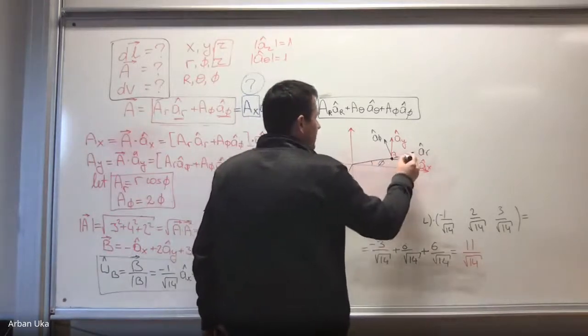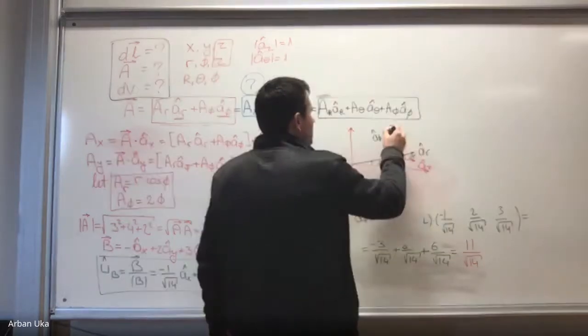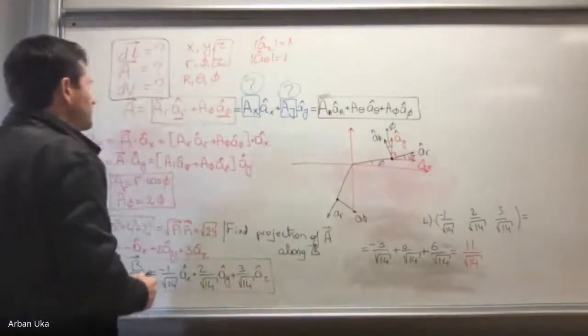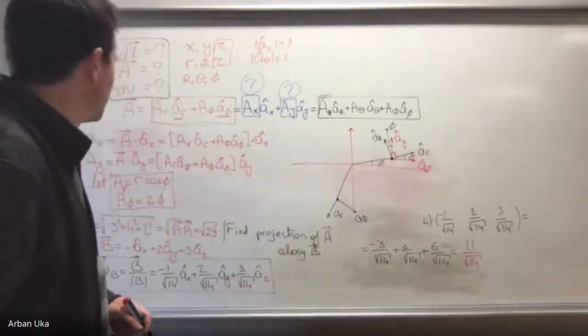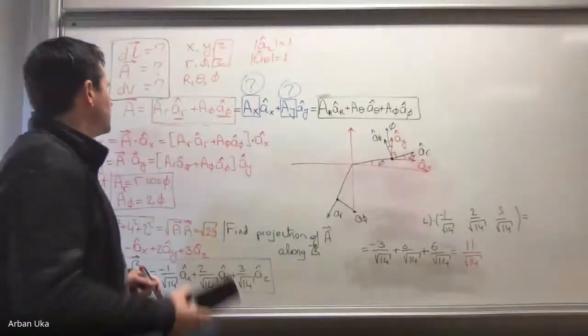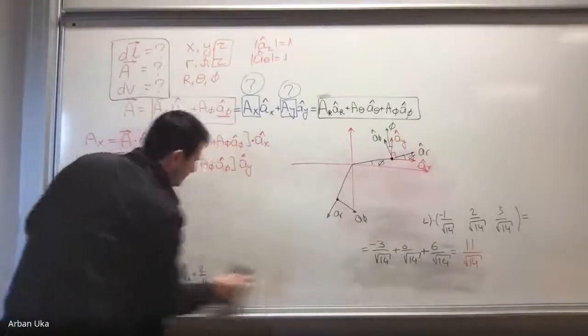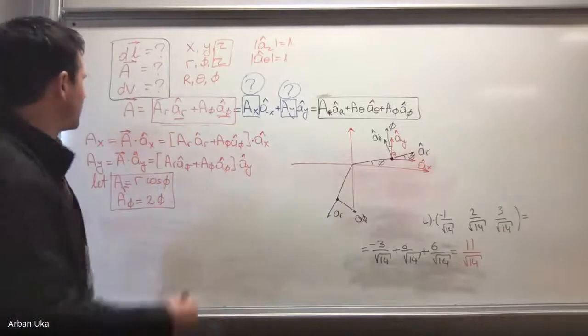So this is the angle phi. Because of symmetry, this is also an angle equal to phi. And then we try to solve this a little further.